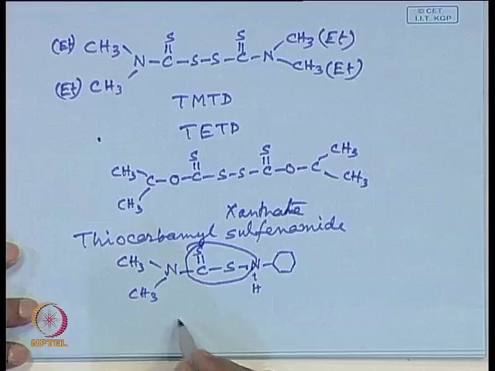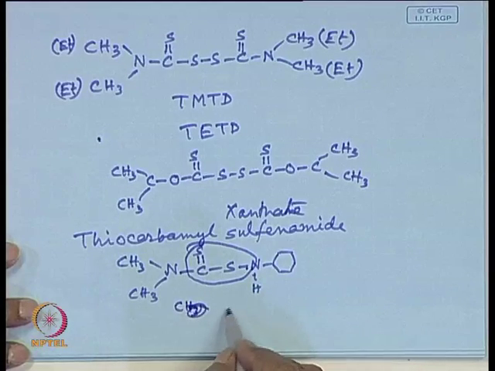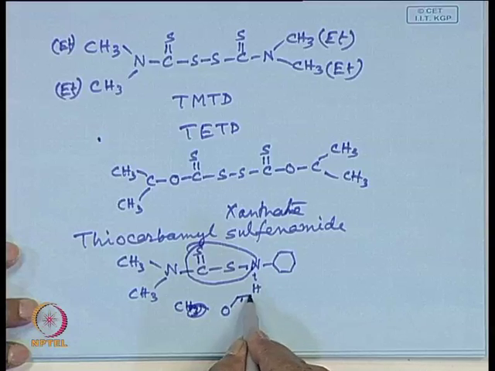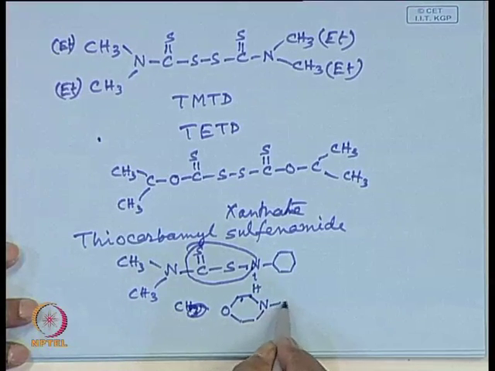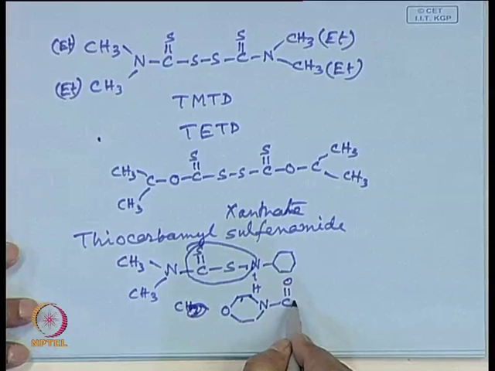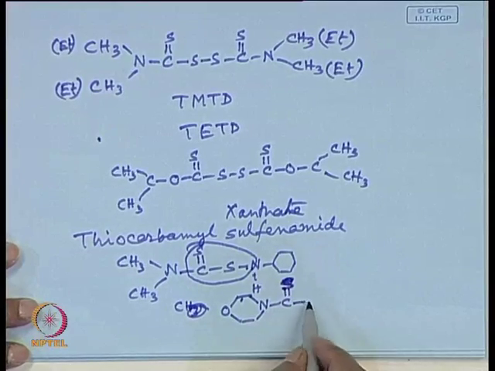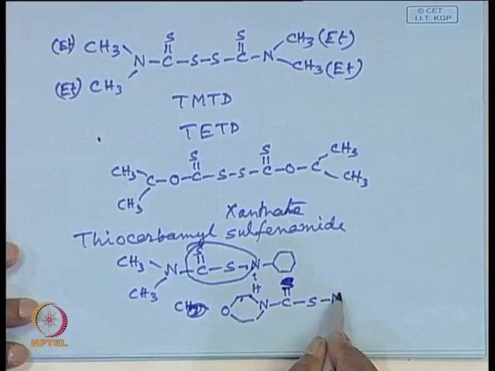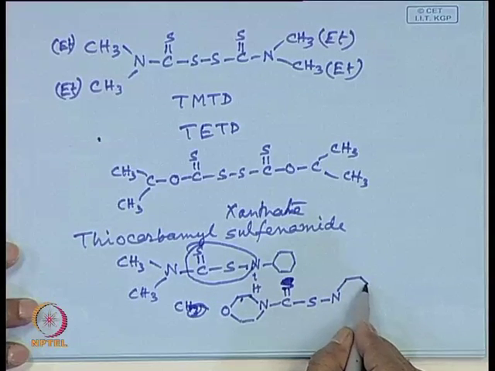If you do not know the chemistry, it is difficult to understand, so I am not going to that depth. This is thiocarbamyl sulfonamide, and you can have other thiocarbamyl sulfonamides, say with CH3 or with morpholine: CS, S, N, again morpholine.